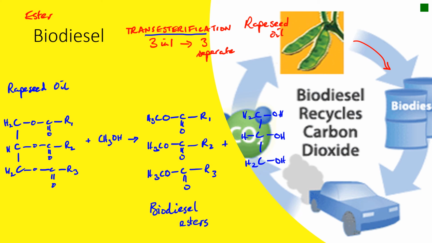So glycerol, the biodiesel company would sell off to probably the pharmaceutical industry. Biodiesel is going to be added to normal diesel and sold to oil companies to allow us to burn in our cars. And so there we have it. That's a trans-esterification reaction, splitting the 1 triglyceride up into 3 separate esters using the sodium hydroxide catalyst.